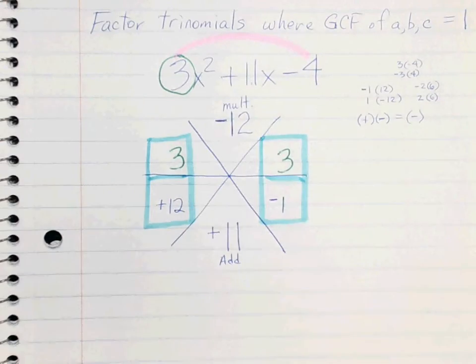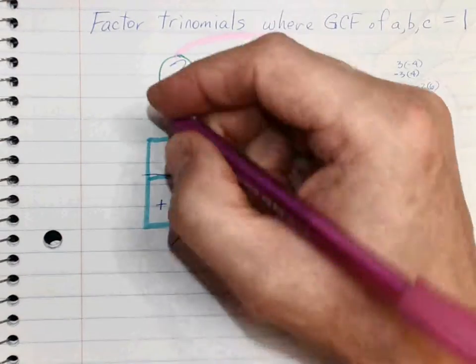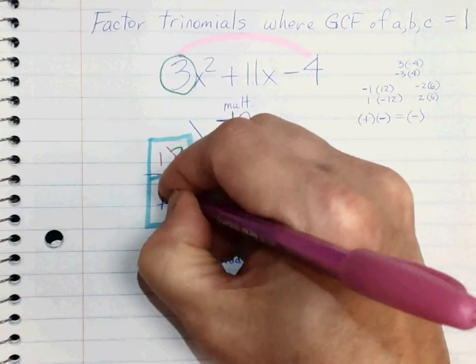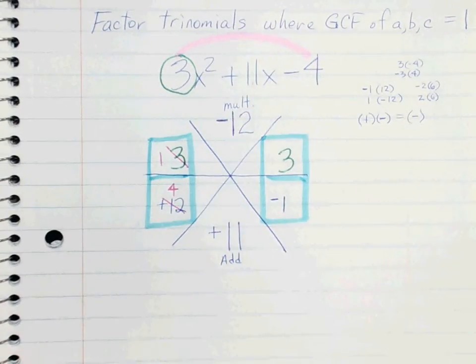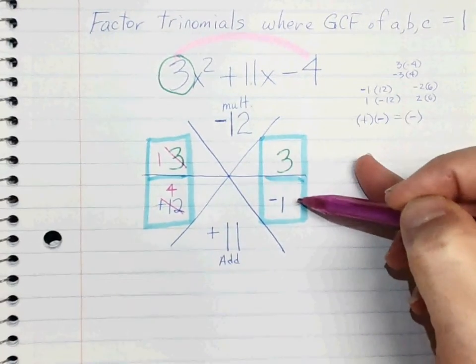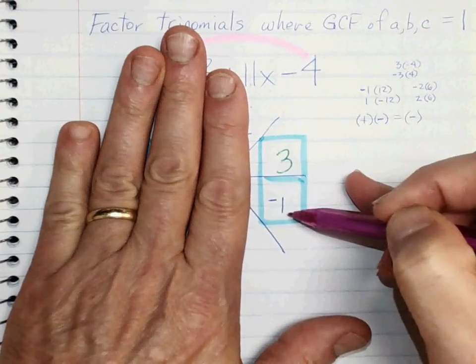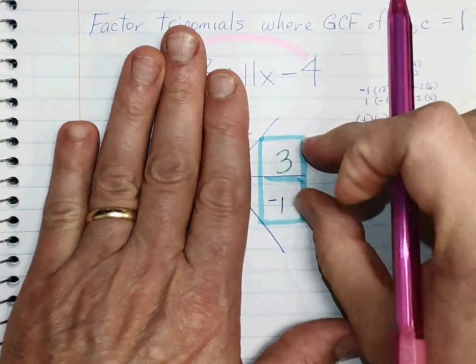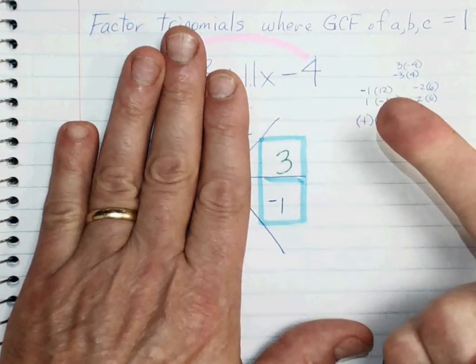So this reduces to 1 over 4. Okay? Now, what can reduce this? Well, this is already reduced because the only number that can go into both of these is 1.